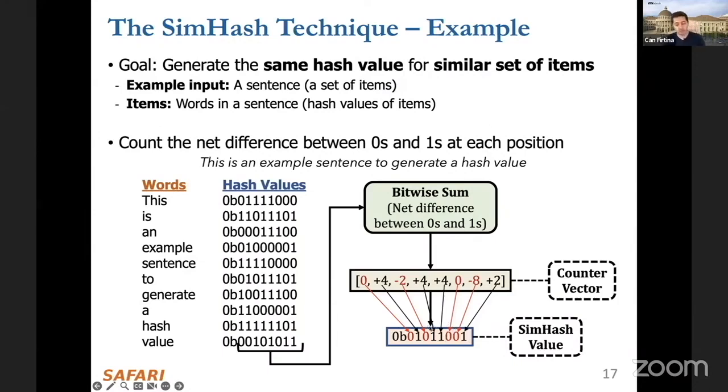So this means that by just looking at this particular SimHash value and ignoring the counter vector, I can tell at which positions there were more ones than zeros, right?